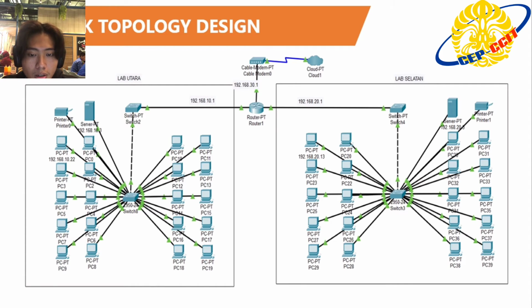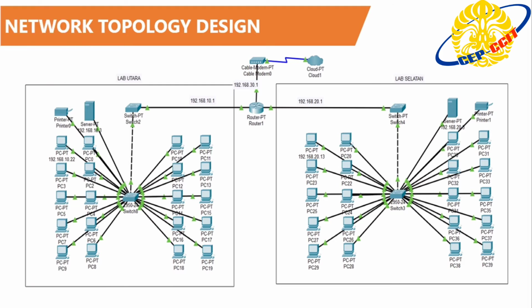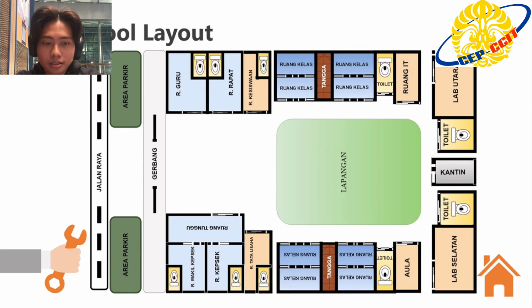In this picture, we can see all the computers and servers in each lab. The path leads to the switch, then from the switch to the main switch, and from the main switch to the router.